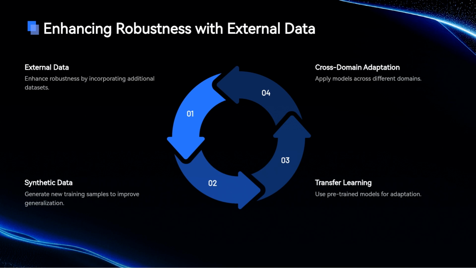Transfer learning. Leverage pre-trained models or knowledge from similar domains to improve robustness when transitioning to new tasks or environments. Cross-domain adaptation. Techniques like domain adaptation allow a model trained in one domain to adapt to another, reducing the impact of distribution changes in new environments.